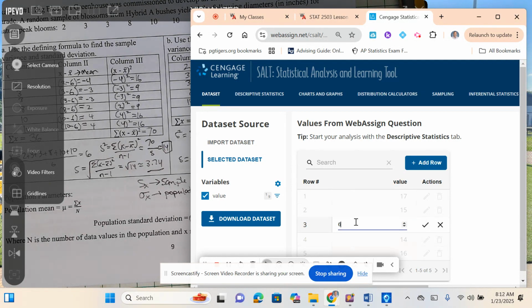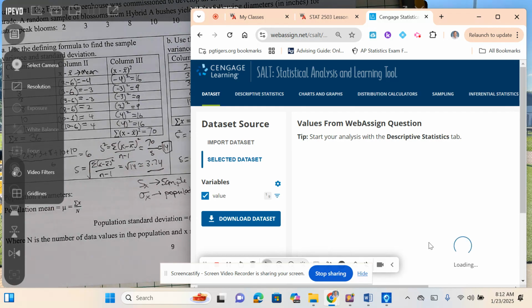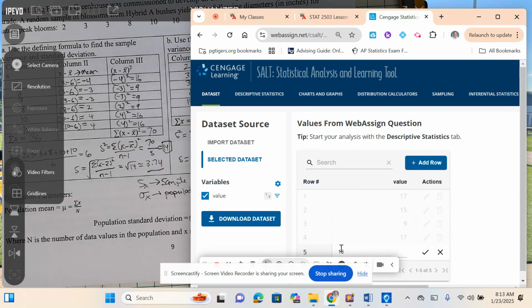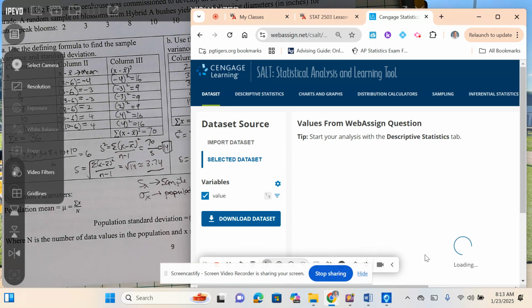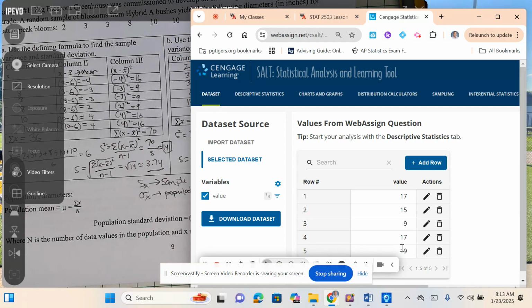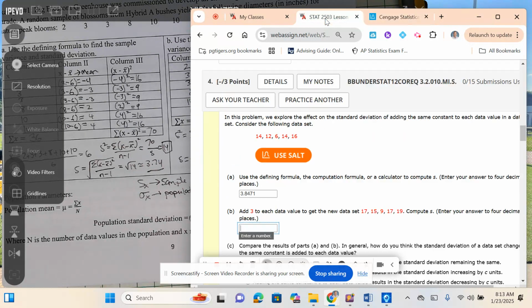Be careful to do yours. And you could also do this in the calculator using list. Okay, 17. So I add 3 to each one. So 17, 15, 9, 17, 19. Okay, 17, 15, 9, 17, 19.